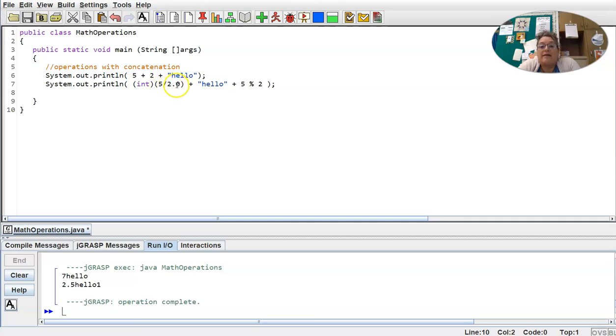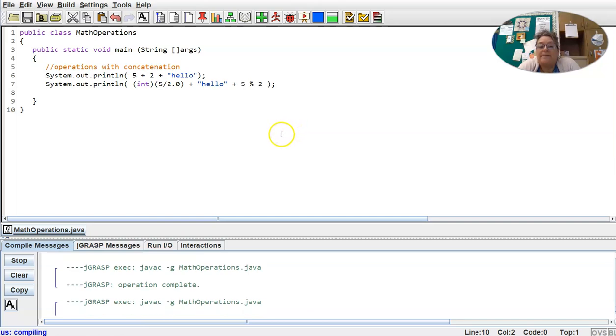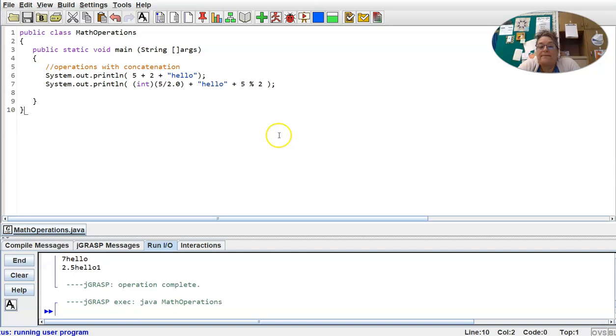It would calculate that as a double, 2.5, then cast that double as an integer, which would truncate it and turn it back into a 2. So let's go ahead and run that and test it out. And there we are. We're back to the 2 hello 1.